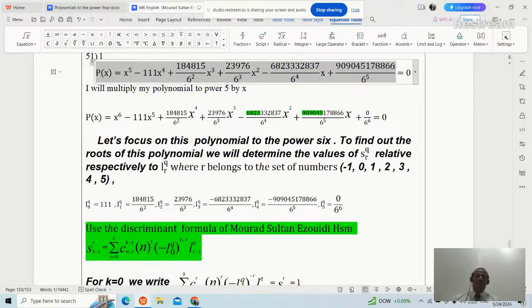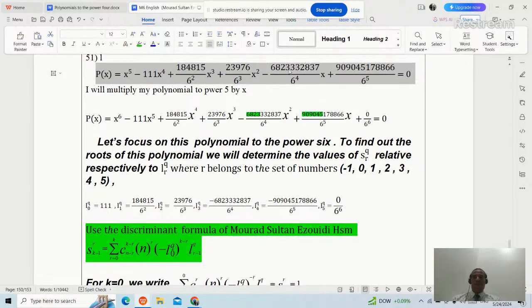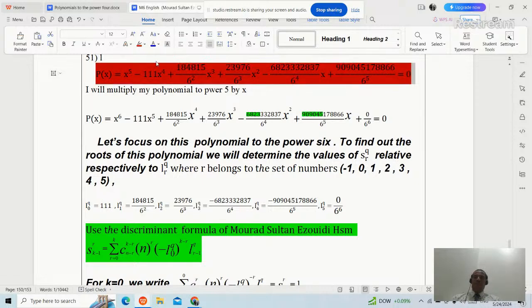To find the zeros of this polynomial, I will use red color, to make it clear. The purpose, learners, is to solve this polynomial of degree 5.